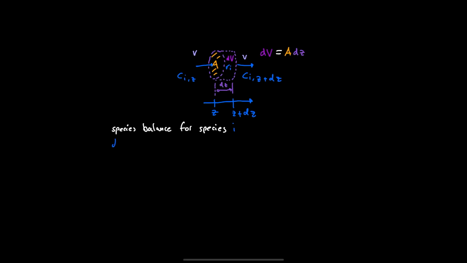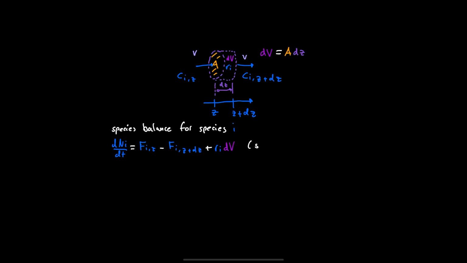So the change of the species I with respect to time is going to be equal to the entering molar flow rate, which is Fi at position C, minus the molar flow rate which leaves our segment, which is Fi at C plus dc, plus the reaction rate of the species I, times the volume of the segment, which is dV.